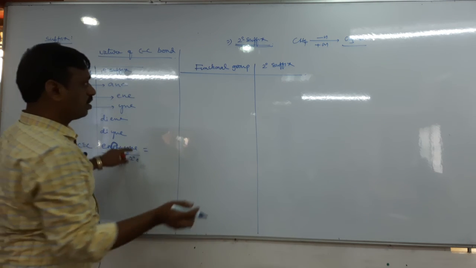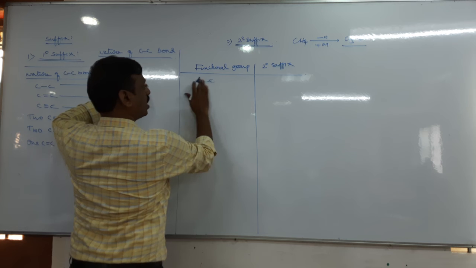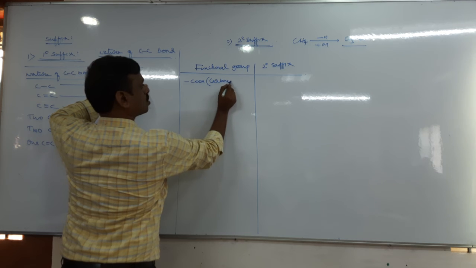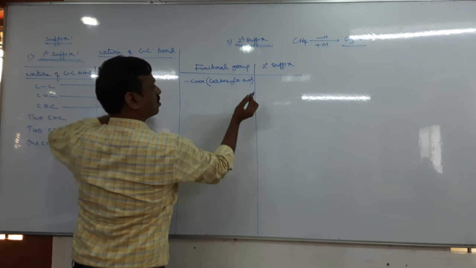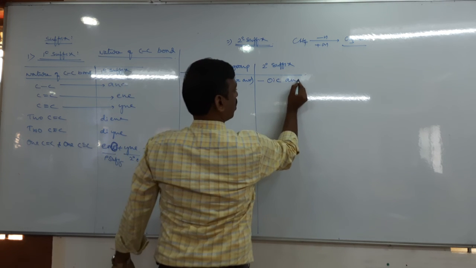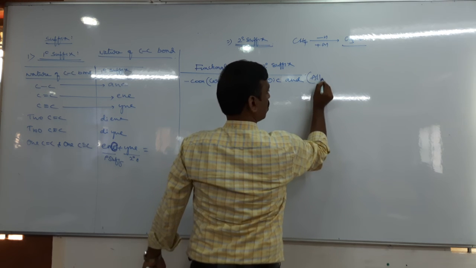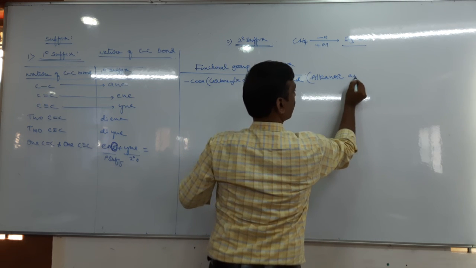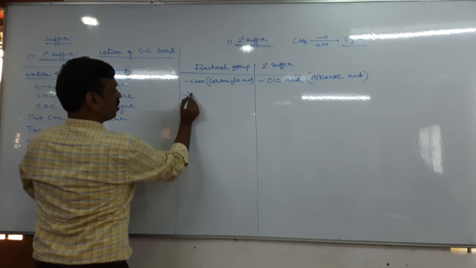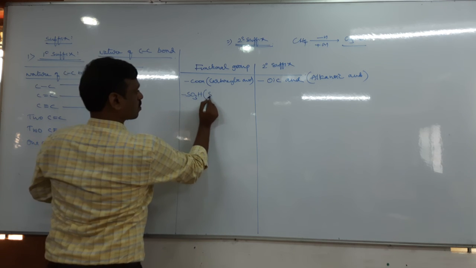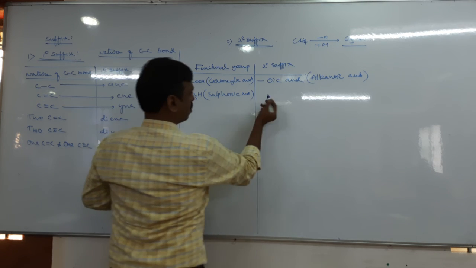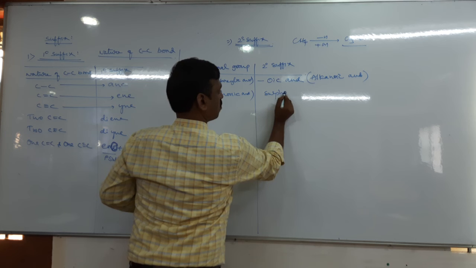If the functional group is COOH, which is called carboxylic acid, the suffix is oic acid, also called alkanoic acid. Next, if it is SO3H, sulfonic acid, the name is the same, sulfonic acid.